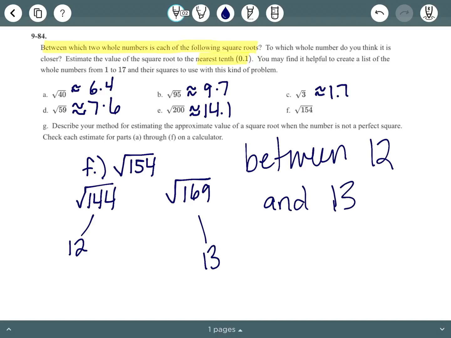You'll notice that we have a difference of 10 between 154 and 144, and a difference of 15 here. So it's pretty close. Now it is closer to the perfect square 144. So for my estimate, I'm going to say about 12.4.